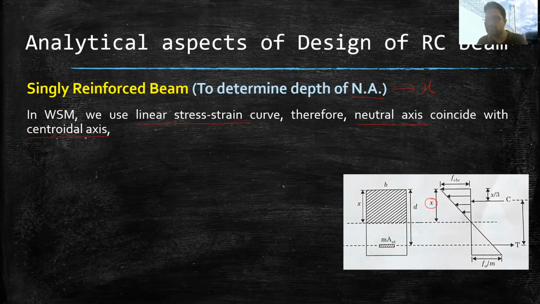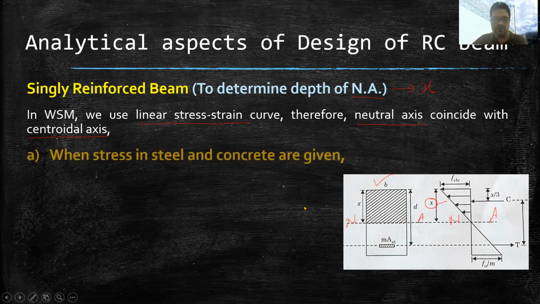This is the fact that we use to find out the value of x, which means this neutral axis will pass through the centroidal axis of this section. Now we will try to find out the value of x in two ways.